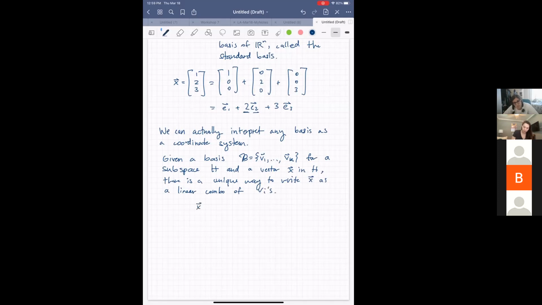So we can write x as c1 times v1 plus c2 times v2 plus ck times vk, right? Okay, so because we have no redundancy in our basis, because they're all linearly independent, that means that this representation is unique.